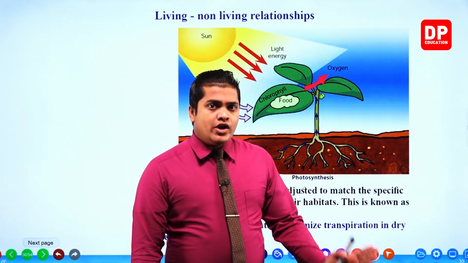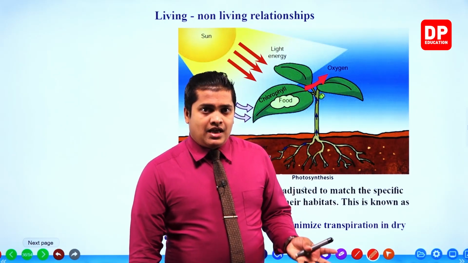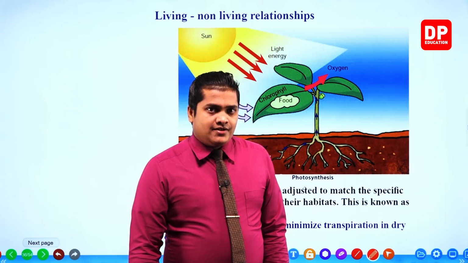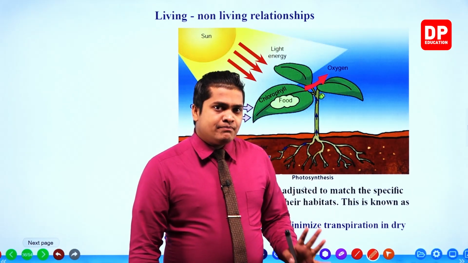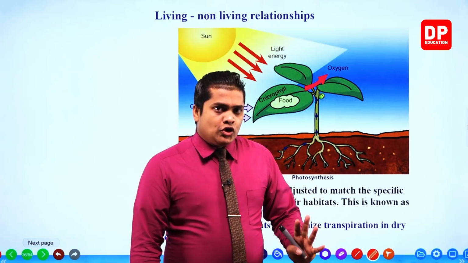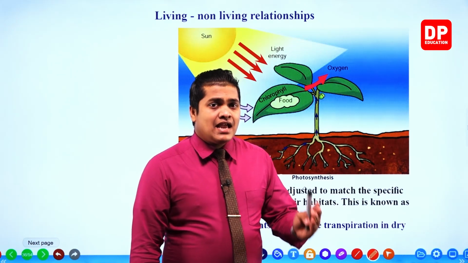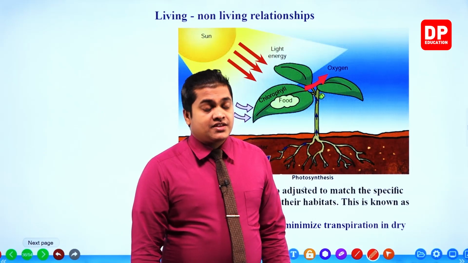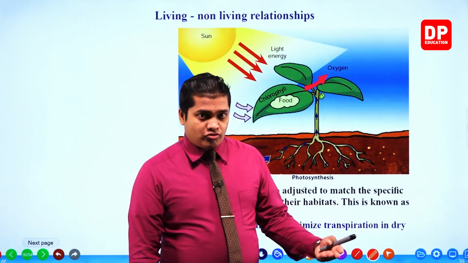To live on ice, they developed certain special features like thick fur and a thick fat layer. The development of these features to live in a certain environment is referred to as adaptation. These features are referred to as adaptations.